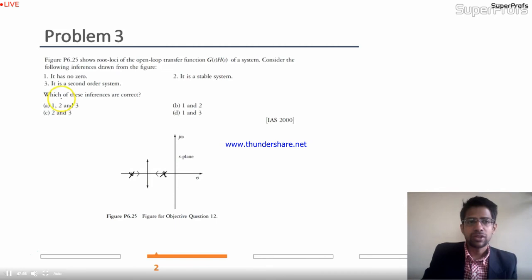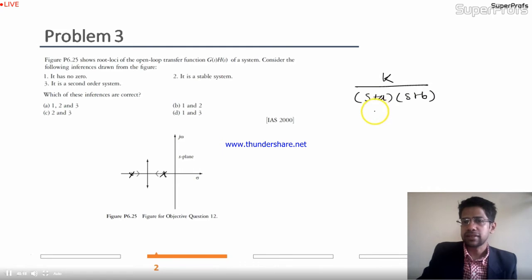Also, we have asked if it is a second order system. So we can write the transfer function as there are 2 poles and no zeros. So basically you just have K over (S plus A)(S plus B). Is it a second order system?